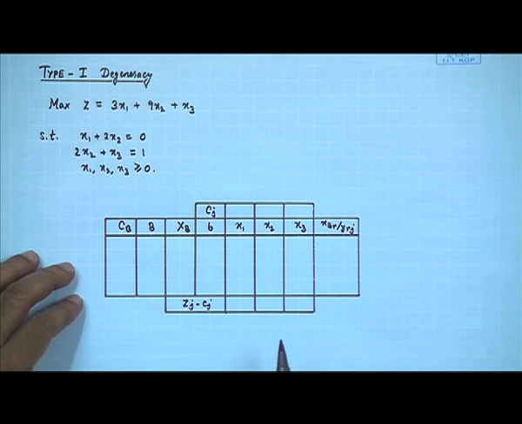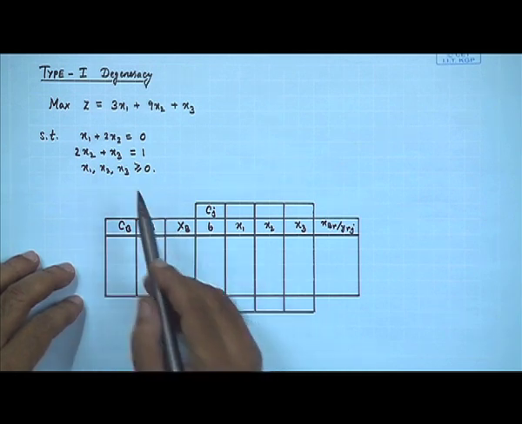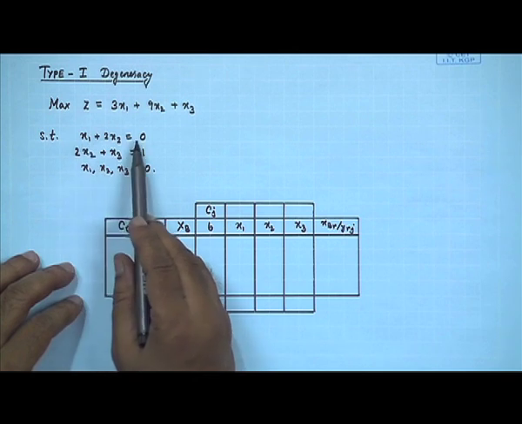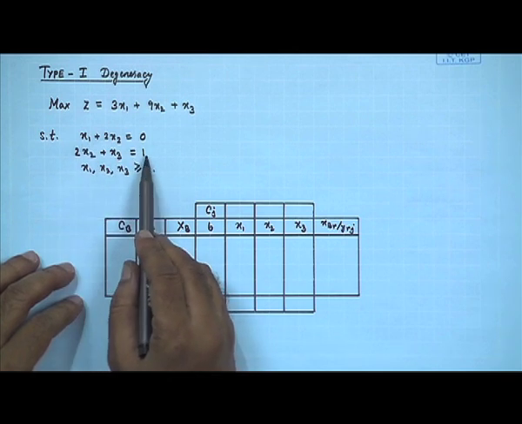So, as such I do not require any slack or surplus variables here. But earlier we have told if there is an equality, to form a basis, if required you can add artificial variables also. But from here I can obtain, if I make x2 as 0, x1 will be 0 and x3 will be 1.